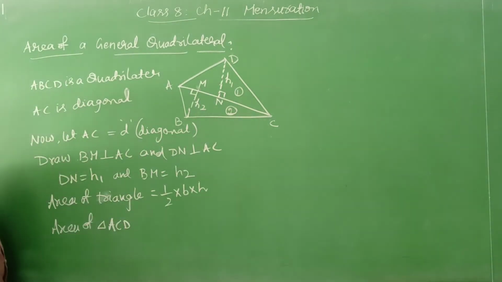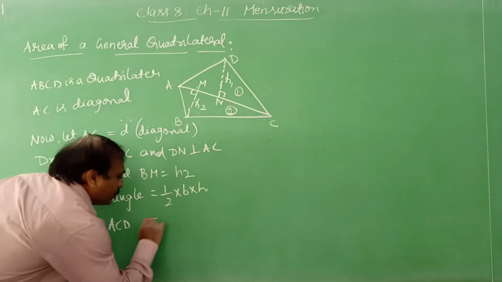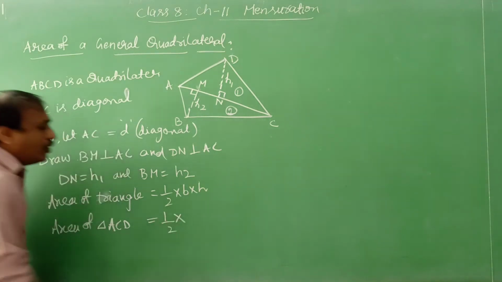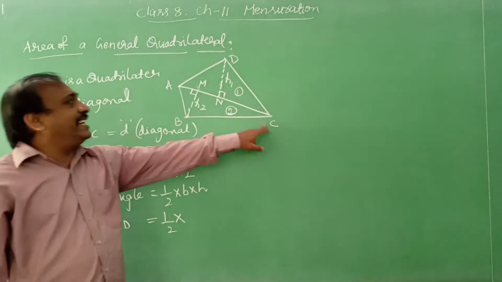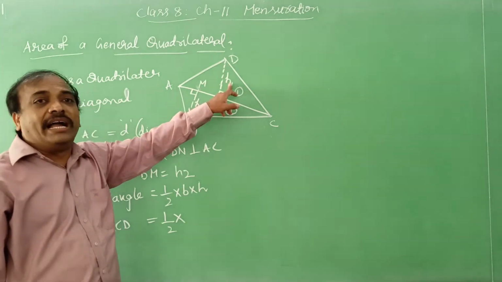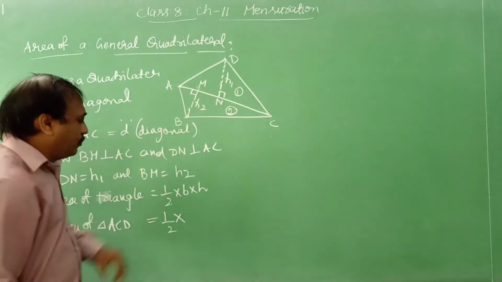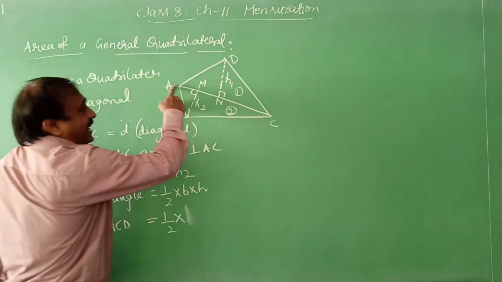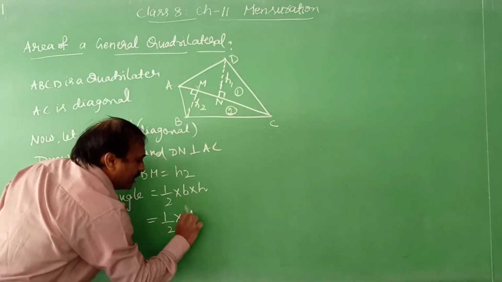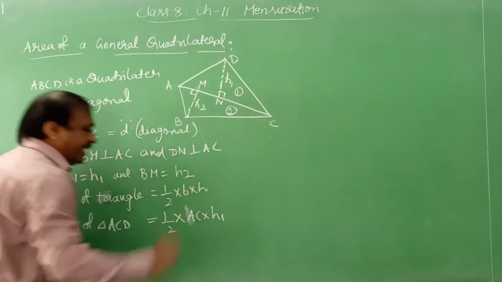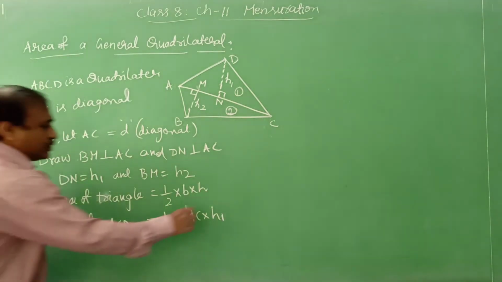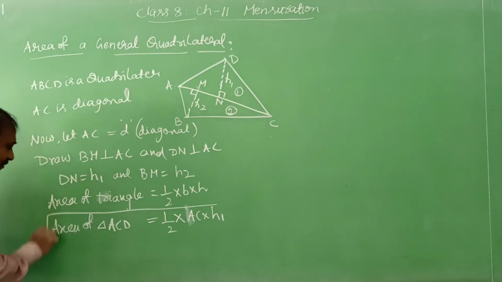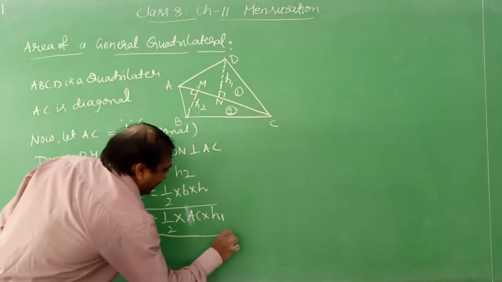Area of triangle ACD is equal to half into base into height. The altitude is H1, and the base for the triangle is AC. So half into AC into H1 is the area of the triangle ACD.